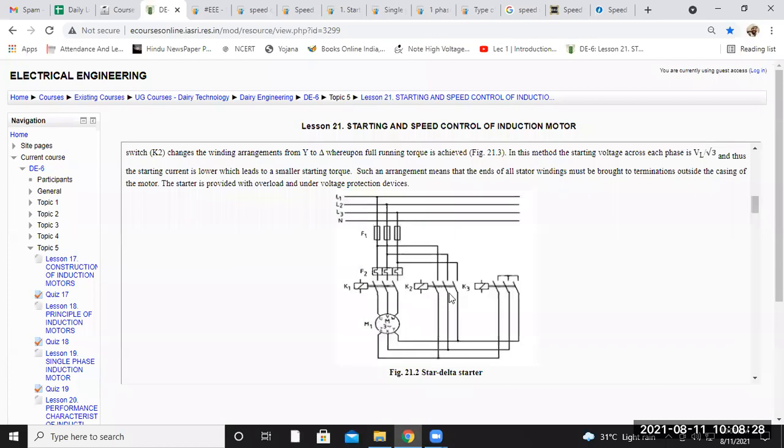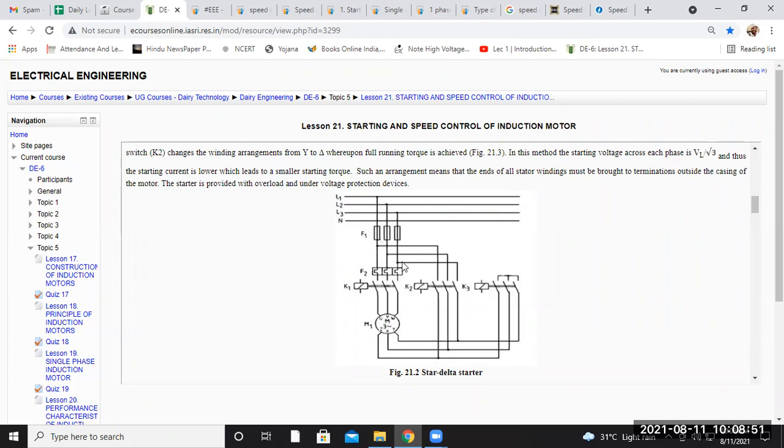This input terminal is connected with these two terminals. This is the delta connection and this is the star connection. At the starting point, K2 is connected with this supply line. The supply line is connected through this fuse. This is the supply line, this is the wire drawn from the supply line, and this is the fuse.